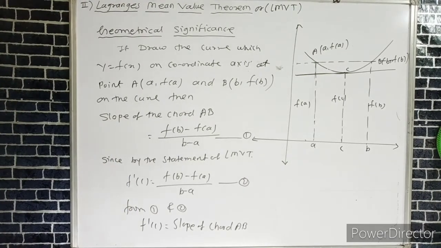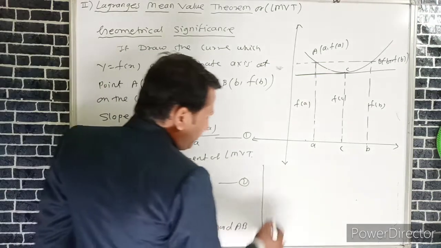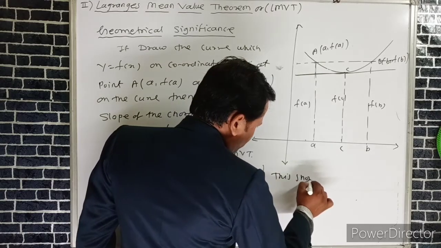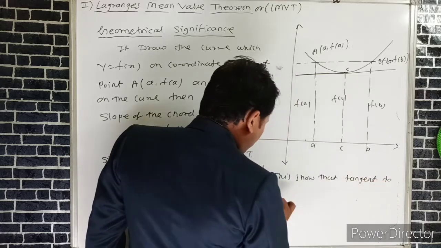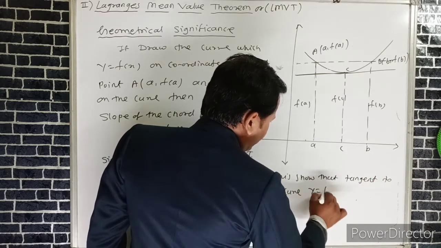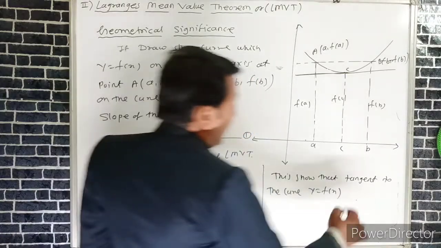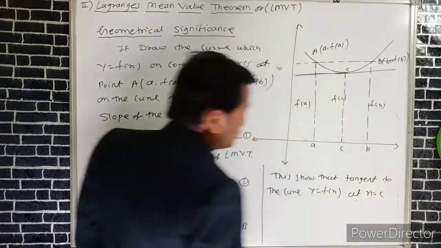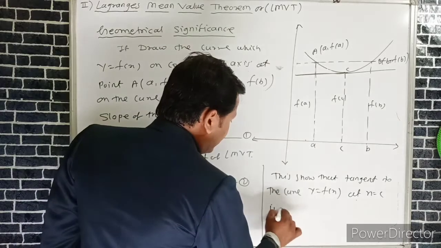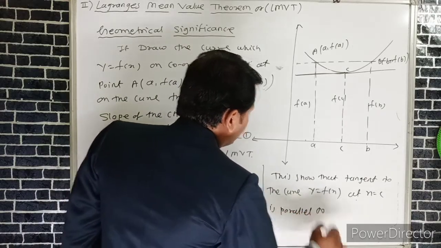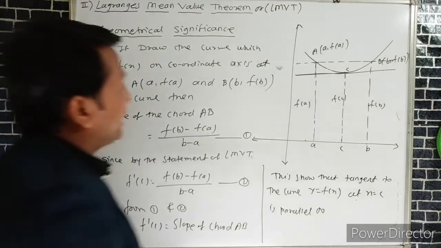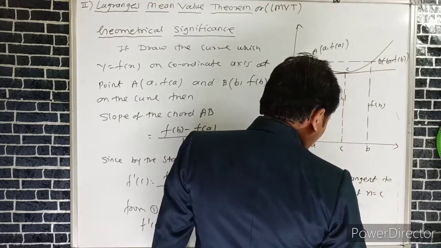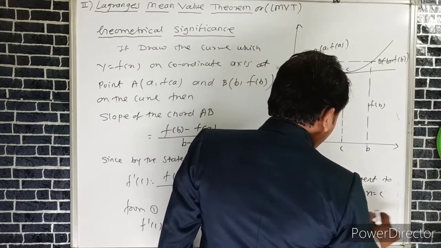This shows that the tangent to the curve y equals f of x at the point x equals c is parallel to the chord AB, that is, both are parallel.